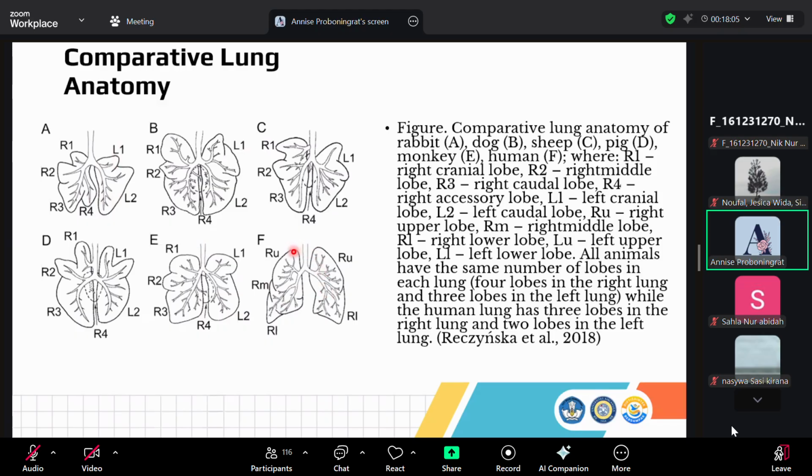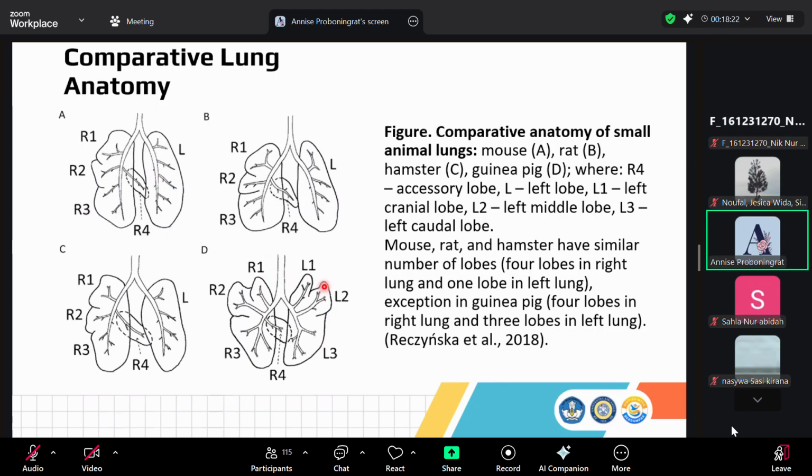But in human there is a differentiation. Human lungs only have 3 lobes in the right and 2 lobes in the left lung. And this is the comparative anatomy of small animal lungs: mouse, rat, hamster, and guinea pig.